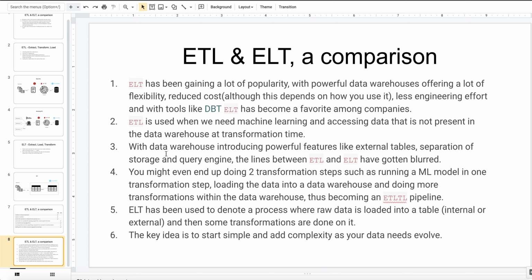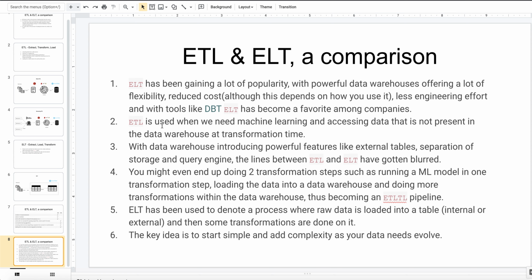You could notice tools like dbt that are focused solely on ELT type pipelines. But there are cases for using ETL as well. So for example, as we mentioned earlier, running machine learning algorithms or accessing data from a third-party service that's not present in your data warehouse.